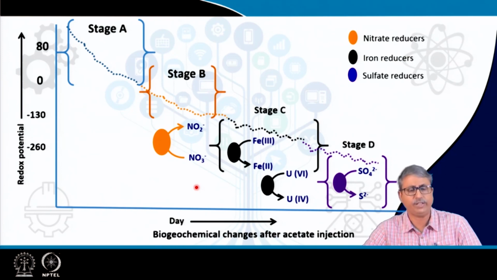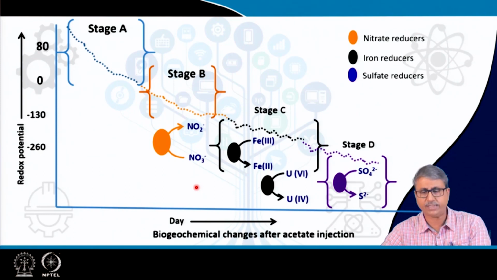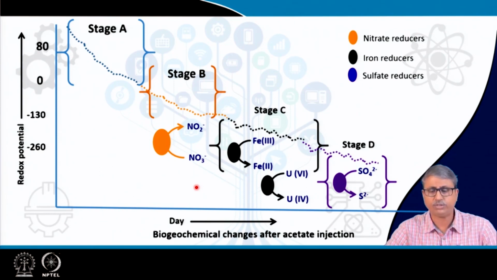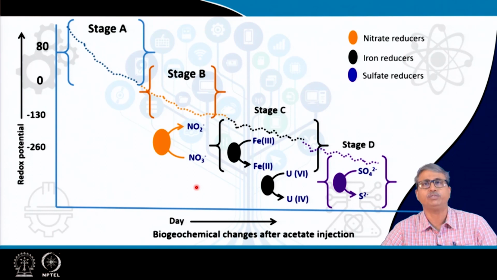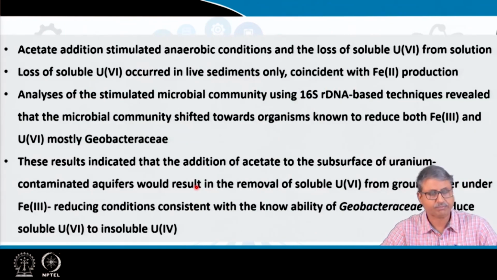The sequence of events was also identified: in stage A, stage B, stage C, stage D, how nitrate reducing, iron reducing, uranium reducing and sulphate reducing bacteria proliferate in the system.